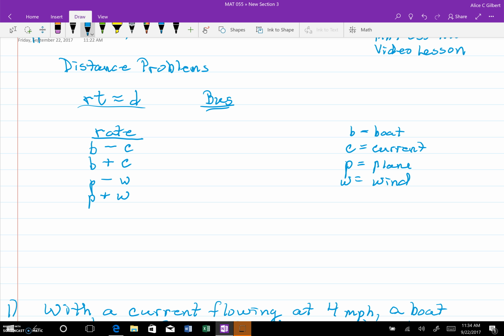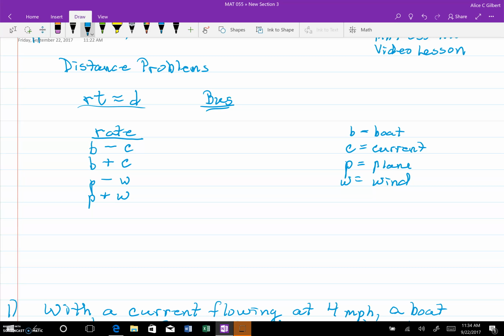Okay, you need to think, if you did it the other way around and you put in, say, the speed of the wind plus or minus the speed of the plane, basically what you are saying then is the plane is affecting how fast the wind is blowing. Is that possible?